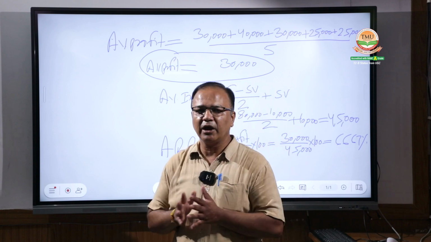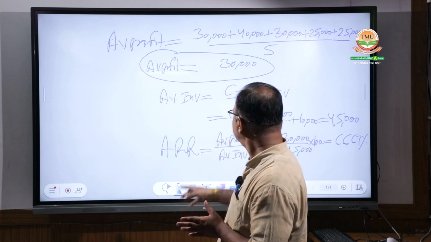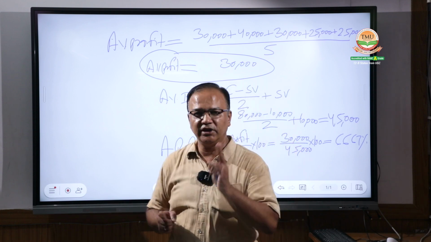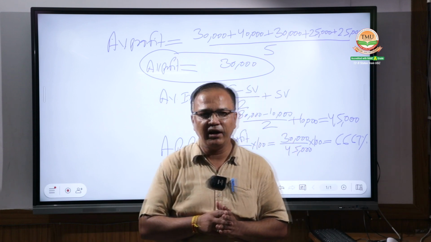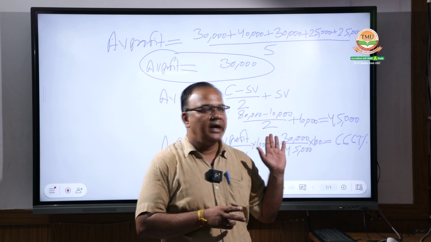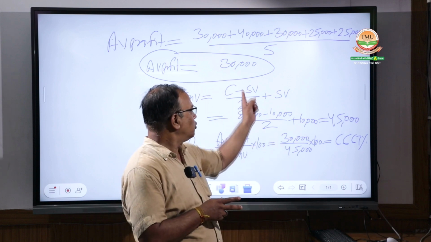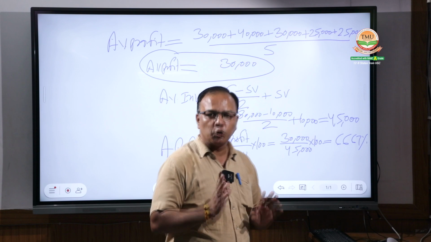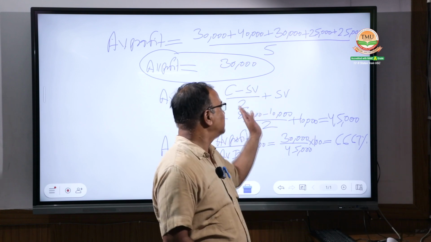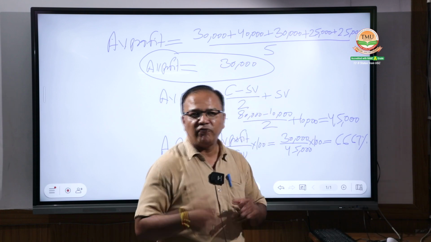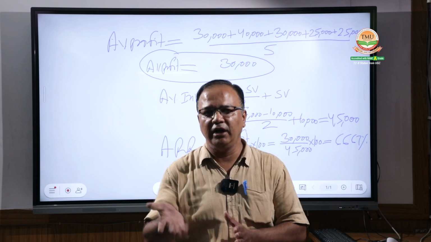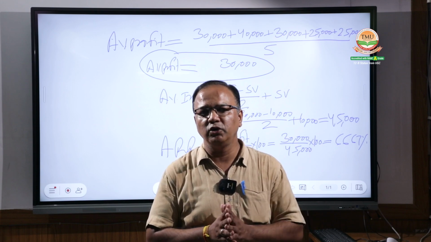And after that, you had to calculate average investment. Simple formula for calculating average investment was cost minus scrap value divided by 2 plus scrap value. There are 2 formulas to calculate average investment. Formula number 1, cost minus scrap value by 2 plus scrap value, and formula number 2 is cost minus scrap value by 2. In formula number 2, we don't add scrap value again. So it depends on you what type of formula you want to use.